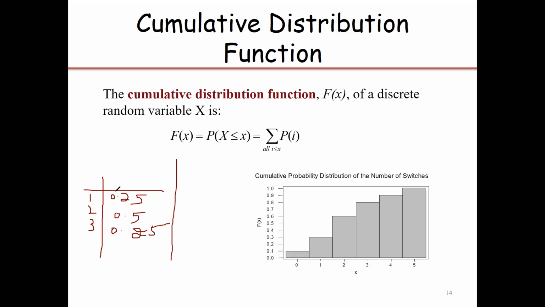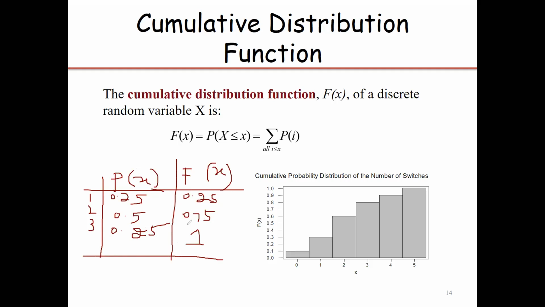These are the simple probabilities, but cumulative probabilities are capital F. Cumulative probabilities are 0.25, then 0.75 and 1. These are the cumulative probabilities. If you draw the cumulative probabilities, the graph will be like this. This is the step function.